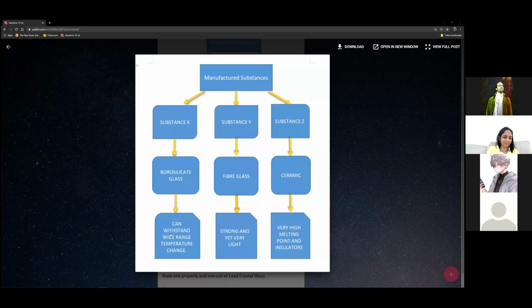Next, substance Z is used to make the internal wall of the furnace. Substance Z is ceramic because it has a very high melting point and is an insulator of heat. So it can withstand very, very high temperatures, because it's a furnace. It's not going to be like your normal body temperature, 27 degrees Celsius and all that.